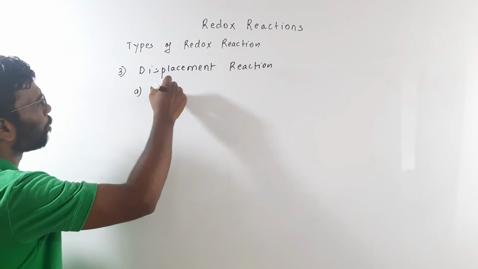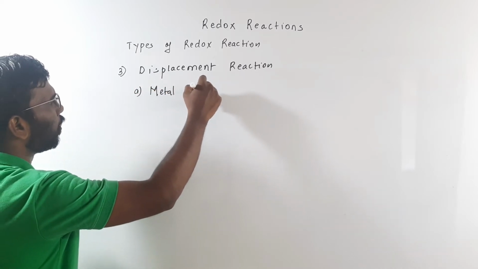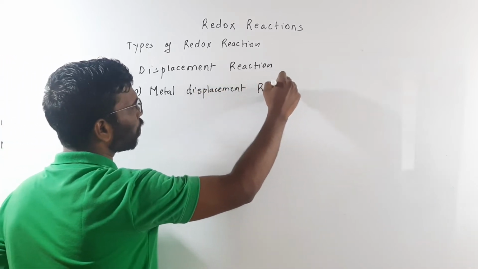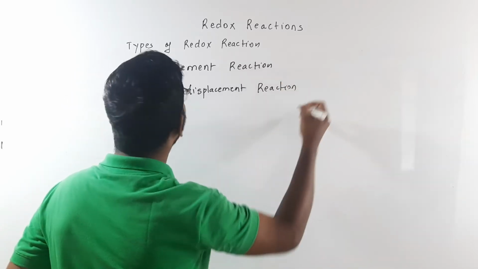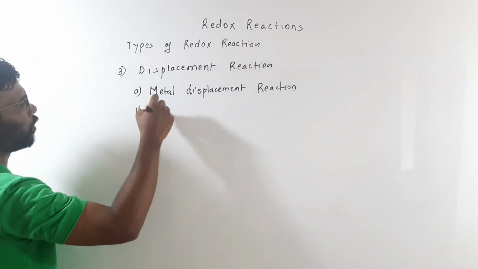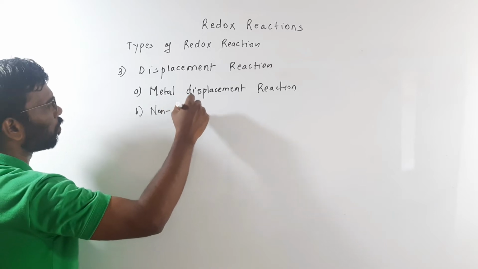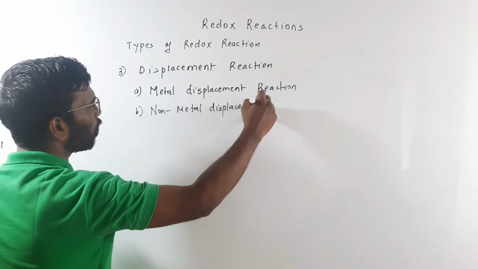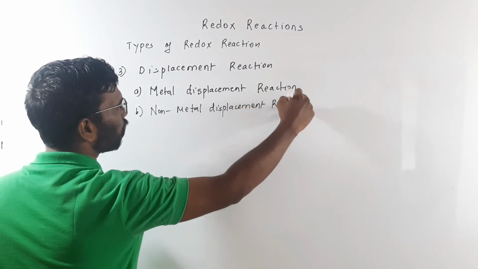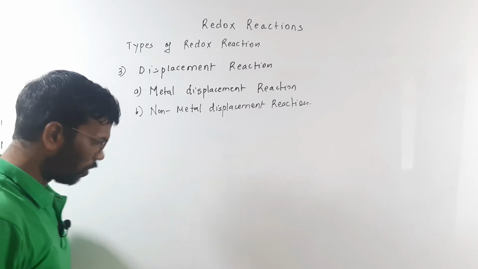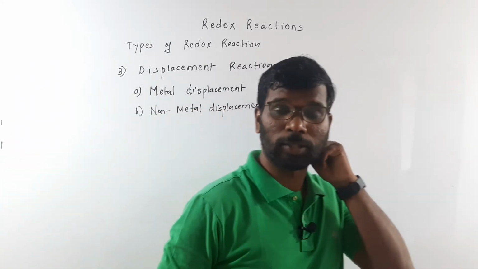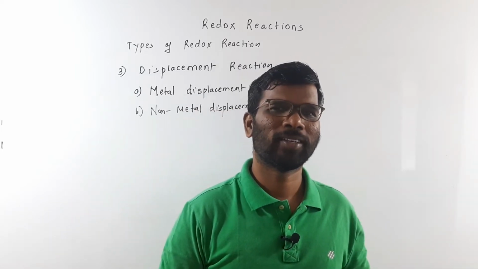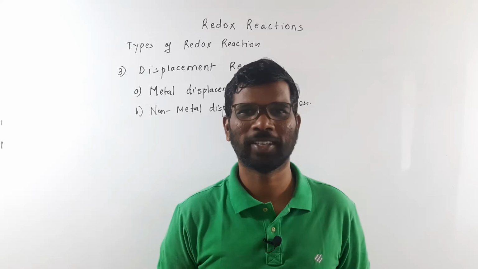One is metal displacement reaction. The other is non-metal displacement reaction. In the case of metal displacement reaction, metal is displaced, and in the case of non-metal displacement, non-metal is displaced. It is that simple.